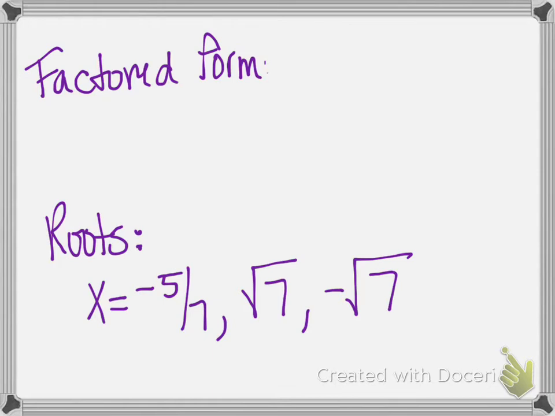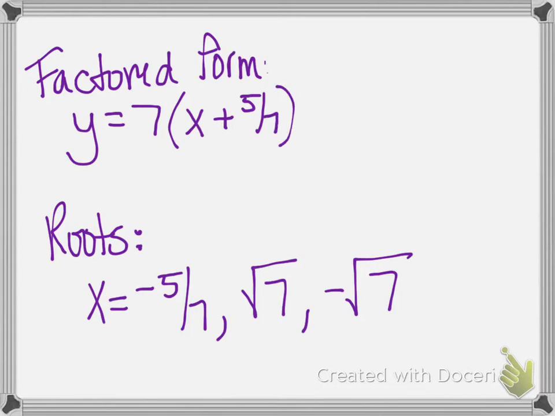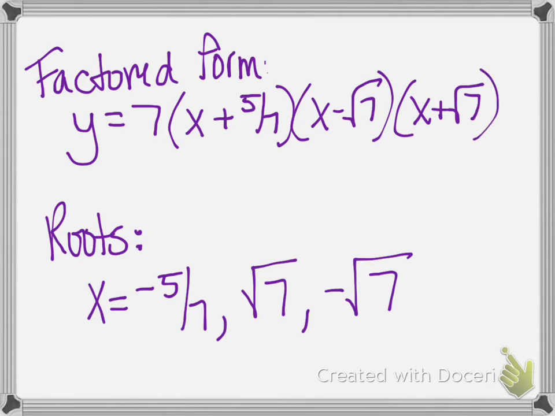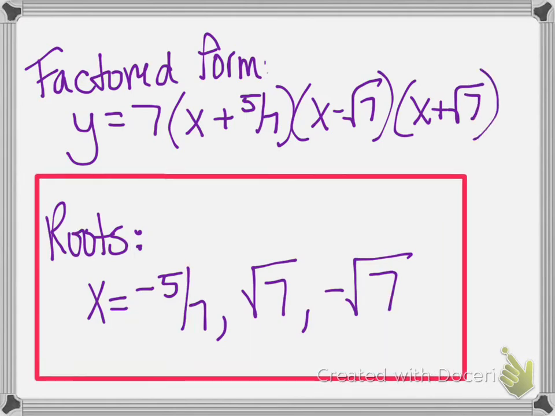Factored form of this equation would be y equals, my a term was 7, and then I'd have x plus 5 over 7, x minus the square root of 7, and x plus the square root of 7. Again, it's not asking for factored form, it's asking for the roots, but I just want to point out that that's another way we could write it.